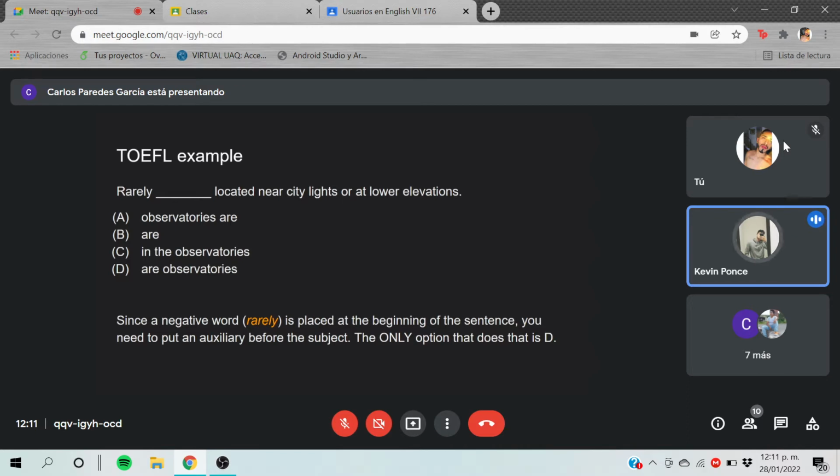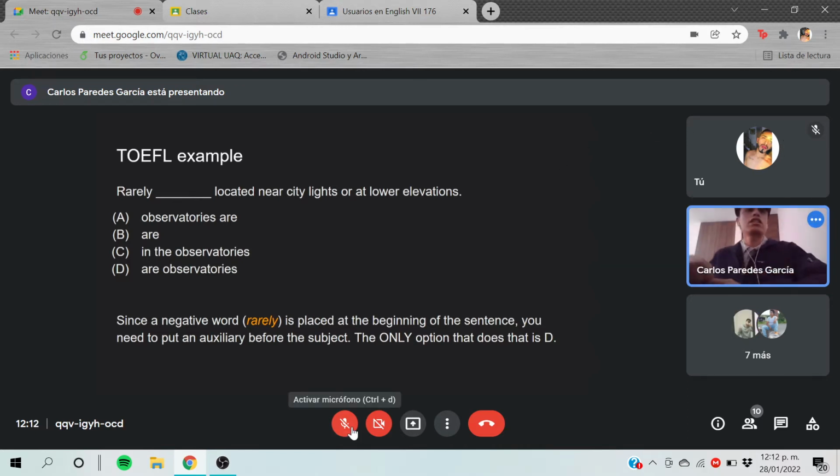Yeah, R, perfect. In this case, R is the auxiliary. So the sentence is like: rarely are observatories located near city lights or at lower elevations.